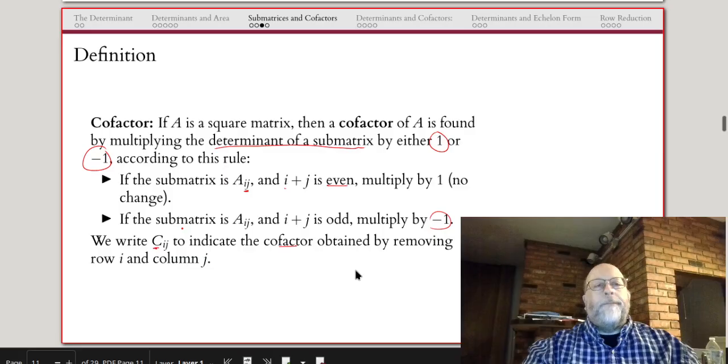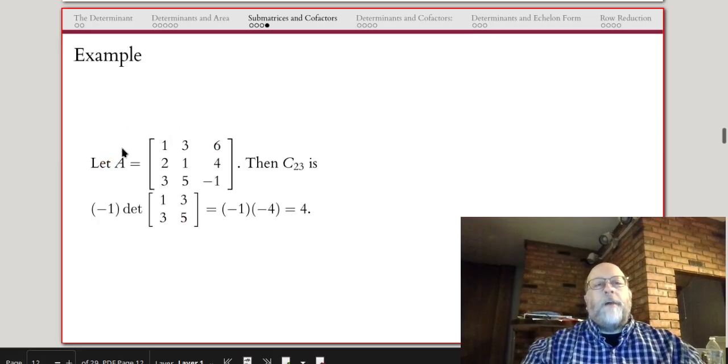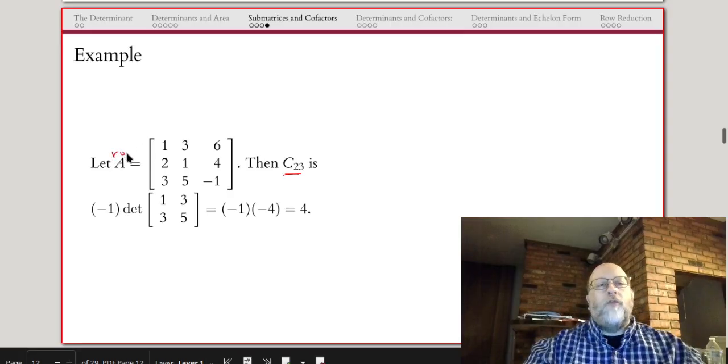Let's try an example. I start with this matrix A, and I want to find the cofactor in the 2, 3 position. That means first I remove row 2, and I remove column 3. I'm taking the submatrix from the 2, 3 position.